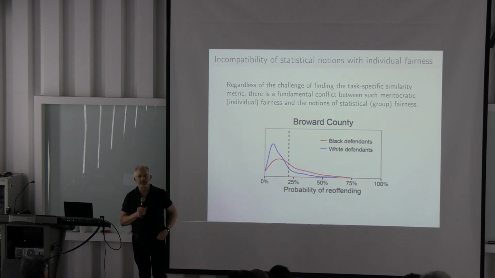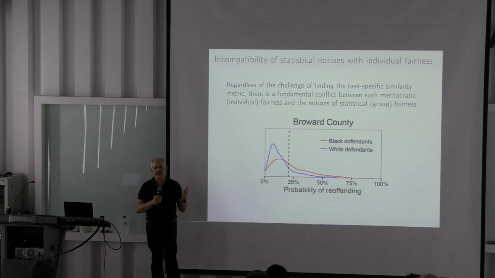Yes? These are the base rates for reoffending, in reality, not the COMPAS scores? No, it's not the COMPAS scores. The base rates? It's the true rates. You look at the people that came to court, you release them, and you look at the data a year later, and you look at how many of them reoffended. And you look at the history. So this is information that we don't have at the time of decision. This is just in retrospect.